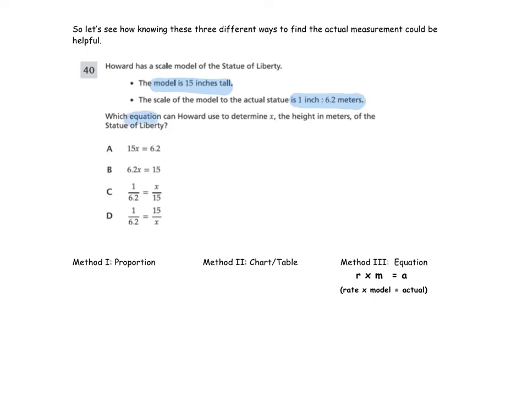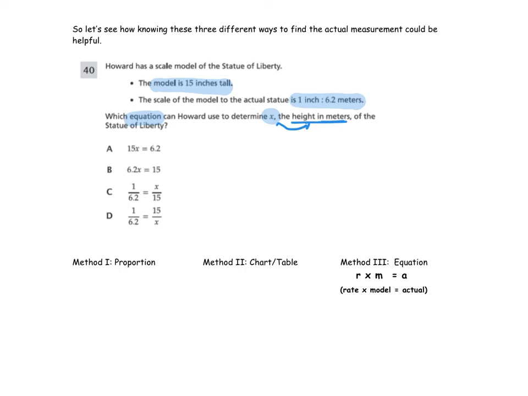They want us to identify the equation that's going to help us determine this, and they want us to use x to represent the height in meters of the actual Statue of Liberty. So they've given us choices, and I can see that two of them are just straight ahead equations, and these are equations as well. They're just written as, we could also call it, a proportion, and a proportion is an equation. So let's start how we did initially.